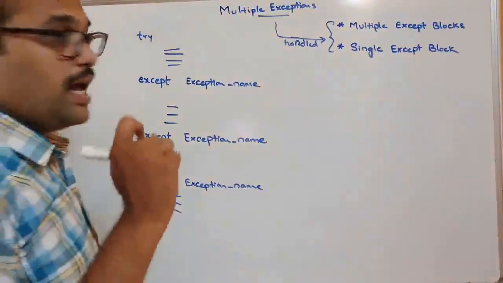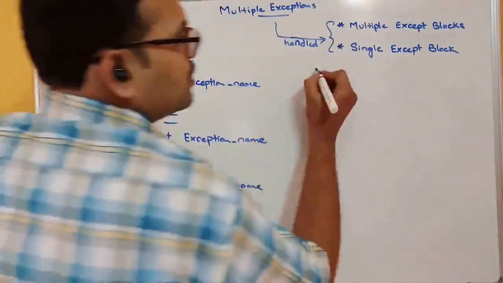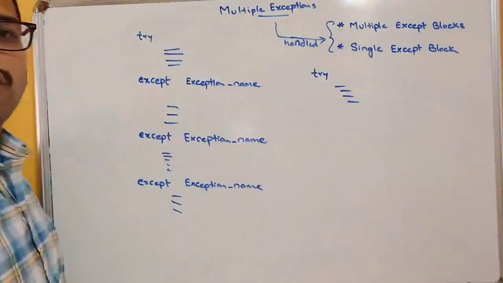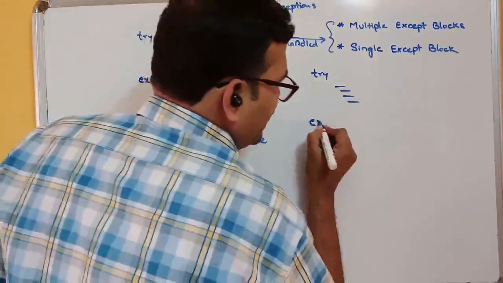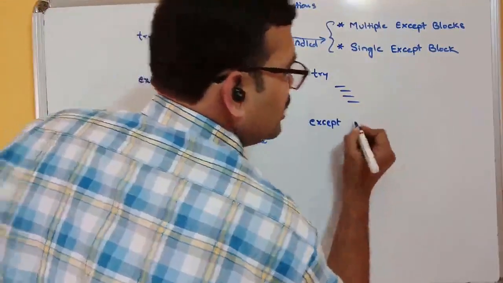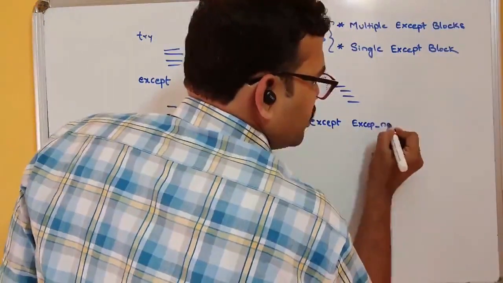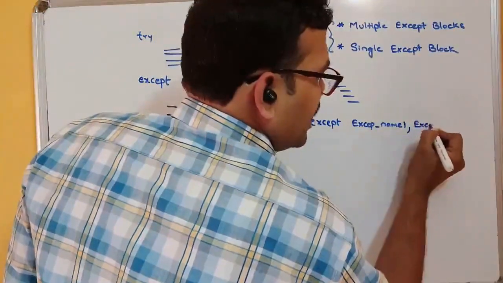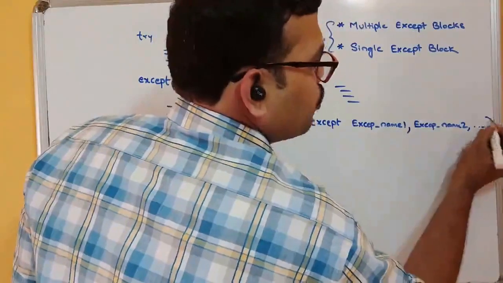So how can we handle multiple exceptions using a single except block? Simply write the try and write down the instructions to be executed, where you are expecting the exception, and write the except, give exception name 1, comma, exception name 2, comma, and so on.